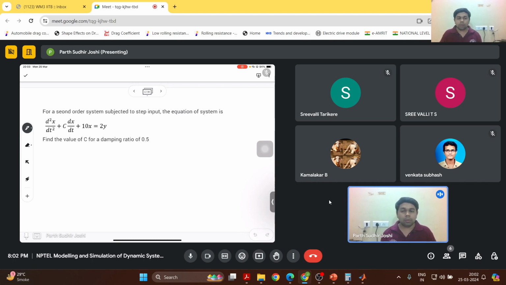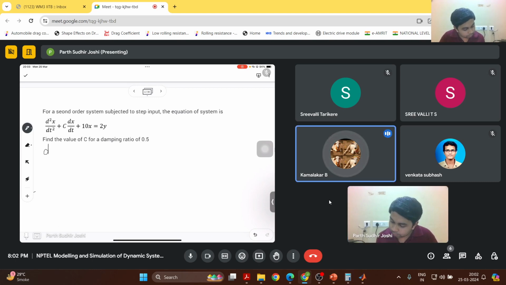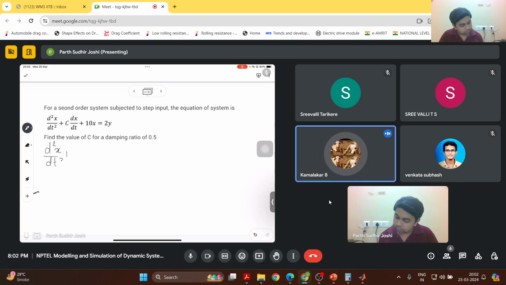Now to solve this problem, what we need to do is just compare the coefficients with the usual second order system. You have the damping ratio as C by 2 into square root of m by k.